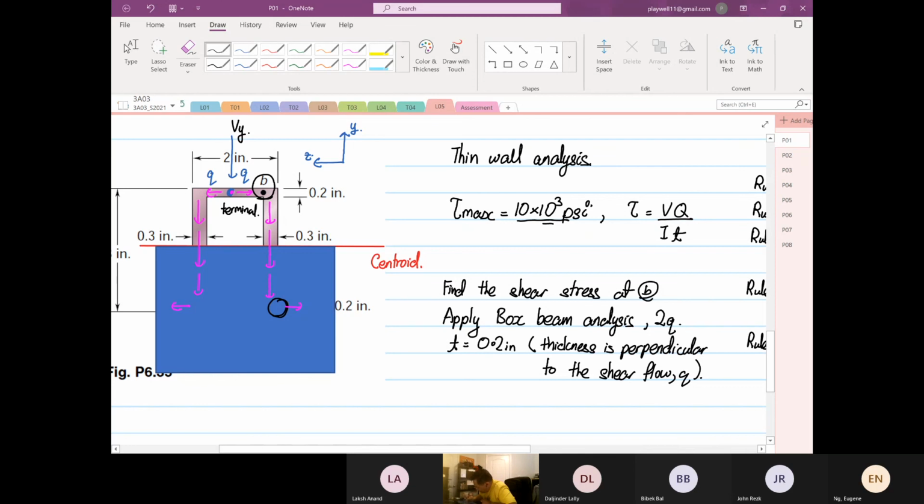I'll draw for you now. It is this area that we have to analyze now.